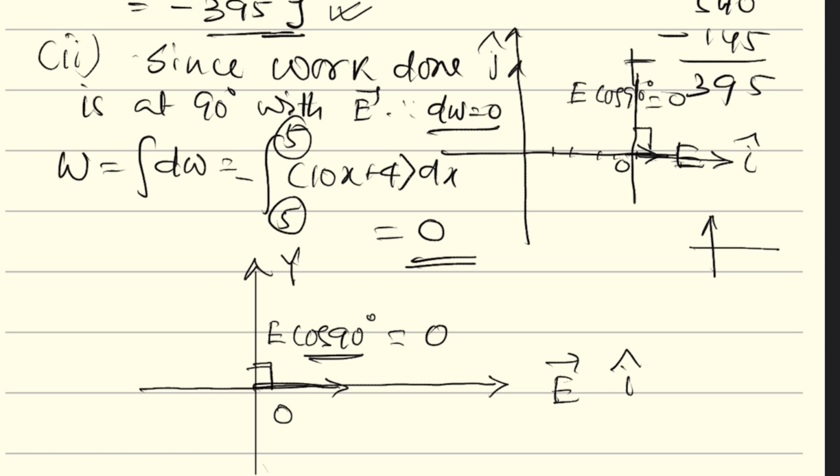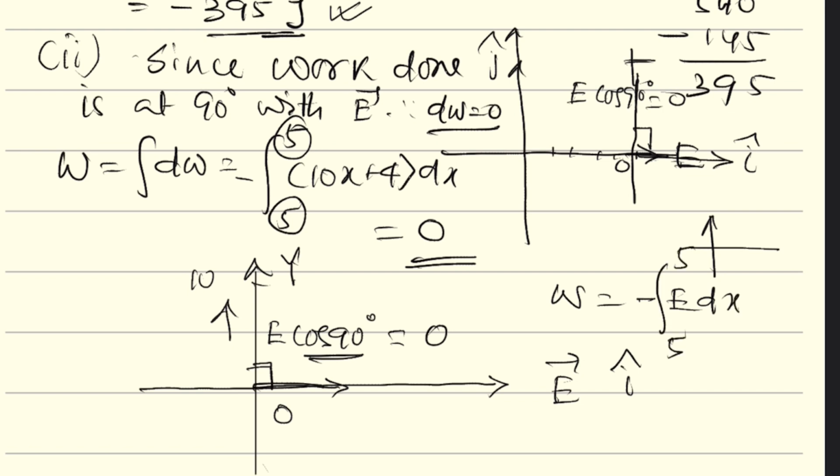So no force will act along the y-axis if we shift the charge along the y-axis. This, (5,0) to (5,10), is clearly y-axis movement, correct? Here you see that x is not changing, x is 5 constant. Only y is changing from 0 to 10, correct? So there is no force on this, therefore there will be no work done. Or you can use the same expression, work is equal to minus E dx, and the limits of integration you can put 5 to 5.